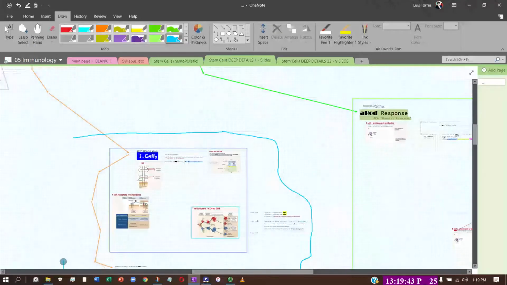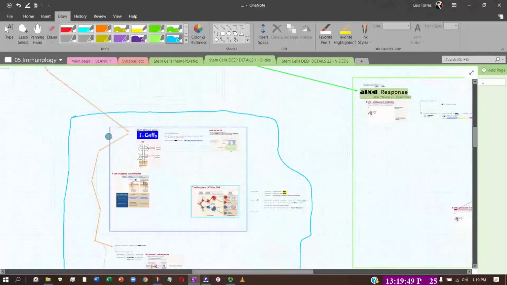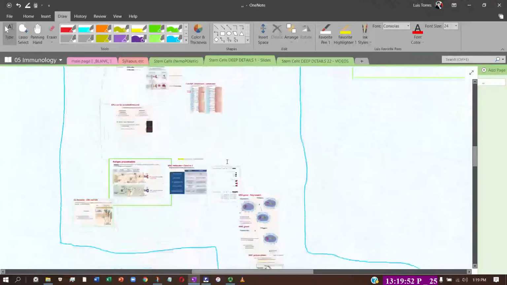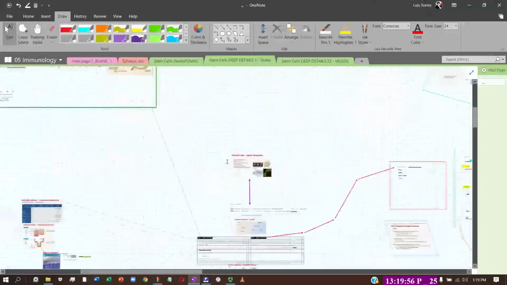All right, there we go. Now things are confined and we know not to mix things up. So all of that stuff in blue pertains to T cells. Very nice. And that's the end.